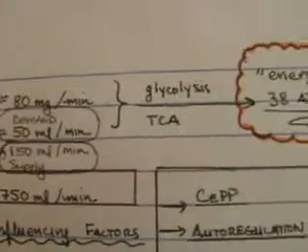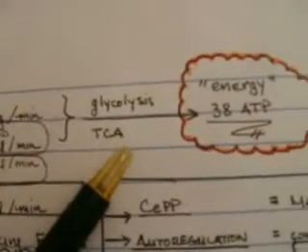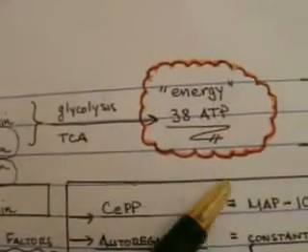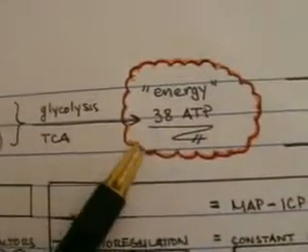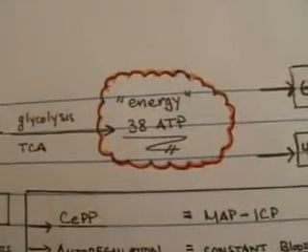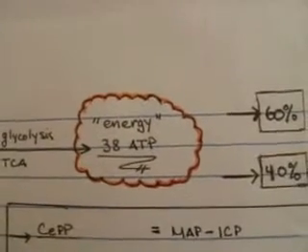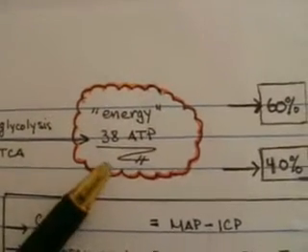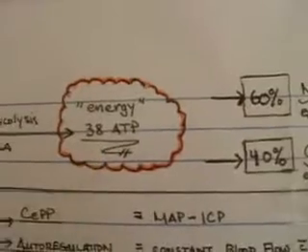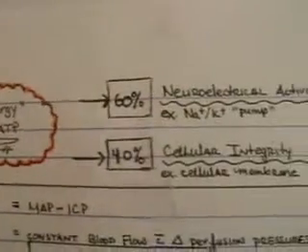So assuming that the brain requires and receives about 80 milligrams of glucose and 50 mLs of oxygen, we can say that through a process of glycolysis and TCA, the brain will extrapolate about 38 ATP for every glucose molecule that it oxidizes. And we can think of ATP as an energy source within the cellular activity.